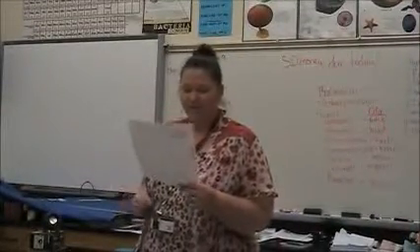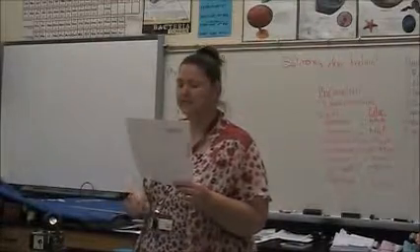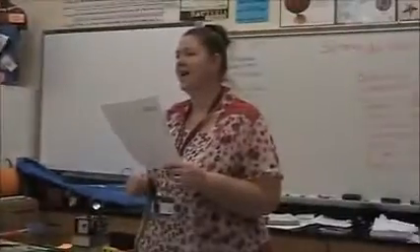Number 4. How do the rabies virus and the polio virus compare in size? Naomi. Claire? 98 micrometers. How many of you guys got that wrong? Be honest, raise your hand.